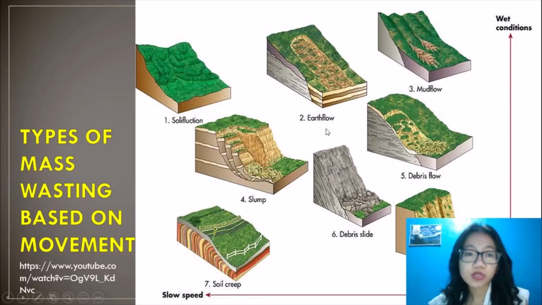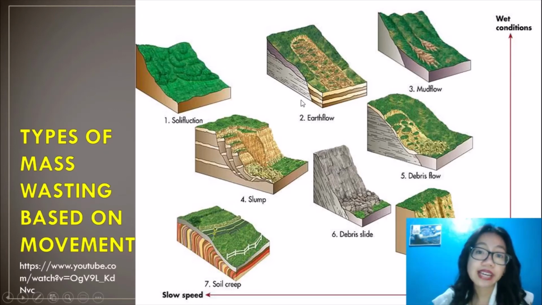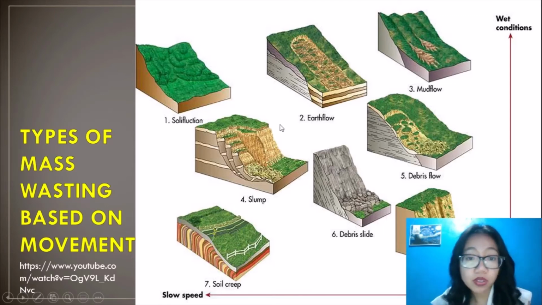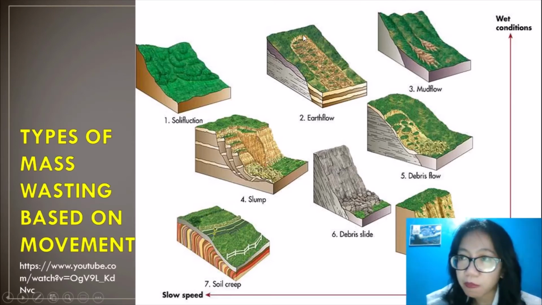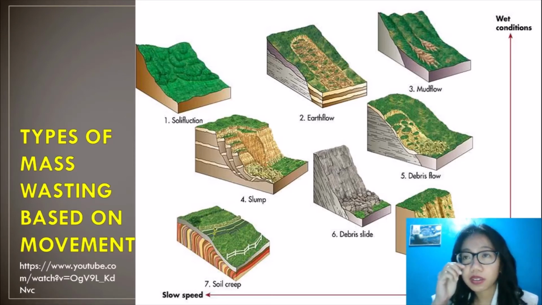So that could be classified as earth flow. It's not as slow as the soil creep or the solifluction, but it could be either slump or earth flow. We can't really tell unless we observe it or record the details closely, but it could be either slump or earth flow.